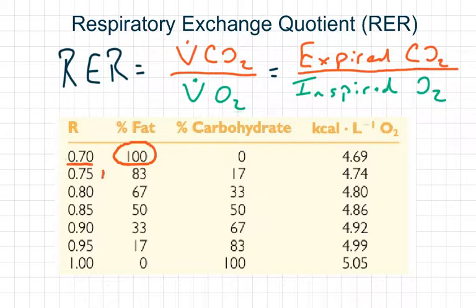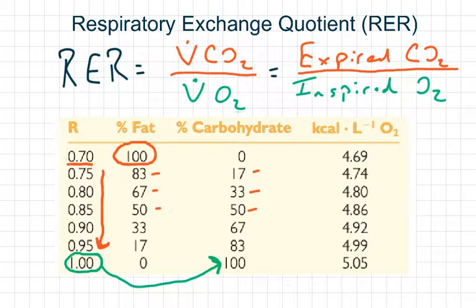Now, as the intensity of the exercise increases and the RER changes and gets closer and closer to 1, what we see is the percent of fats decreases and the amount of carbohydrates as the fuel source increases. And so as we get closer and closer to 1.0 and beyond that, the primary fuel source is carbohydrates.